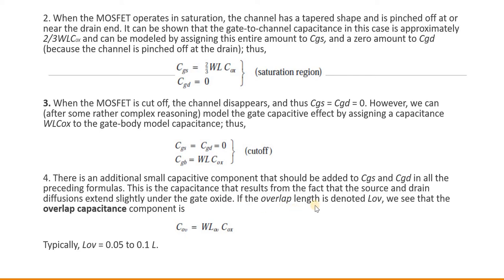If the overlap length is denoted LOV, the overlap capacitance component COV equals W into LOV into COX. Typically this overlap length ranges from 0.05 to 0.1 of L, the length of the channel.